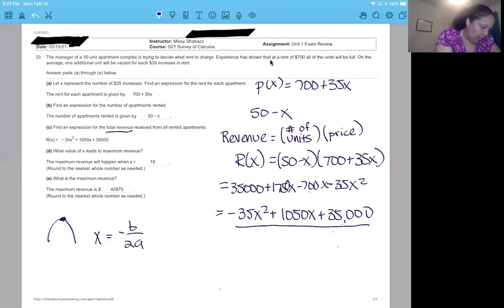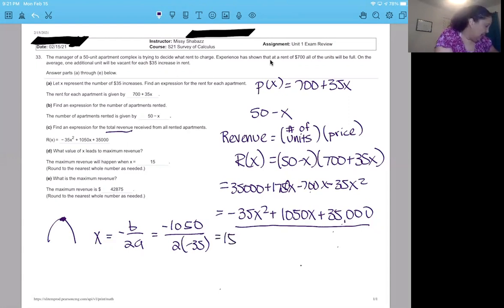So in our case, negative b is going to be negative 1,050 over 2 times negative 35. So that is 1,050 over 70, and that gives me exactly 15.